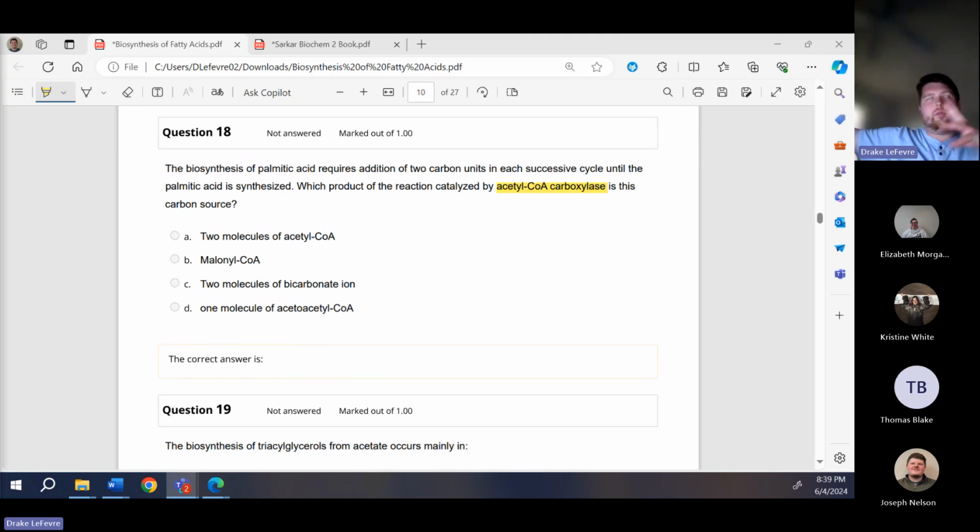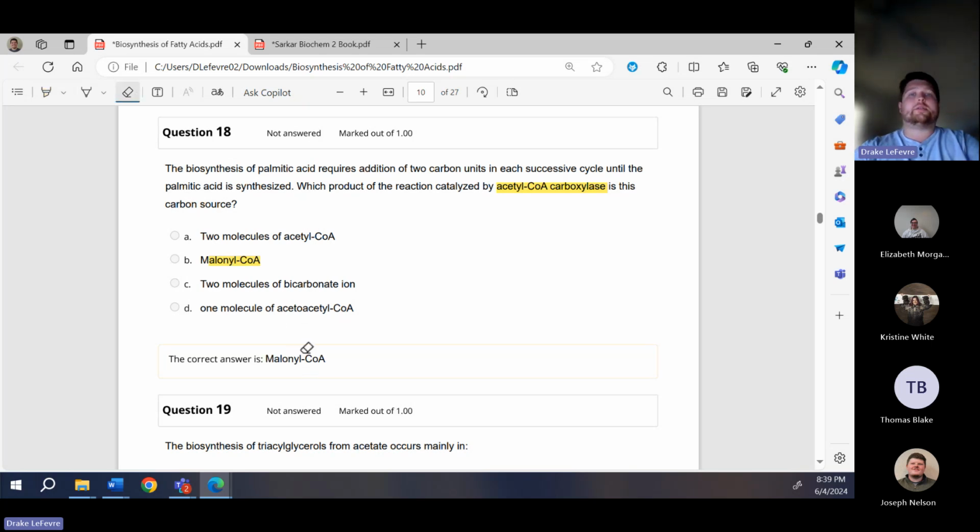It converts acetyl-CoA to malonyl-CoA. Yeah, correct. It makes malonyl-CoA, because that's what was said in the book earlier, and that's our answer.